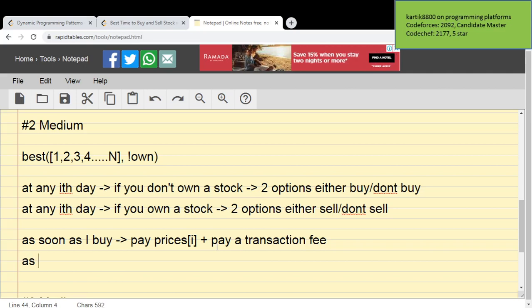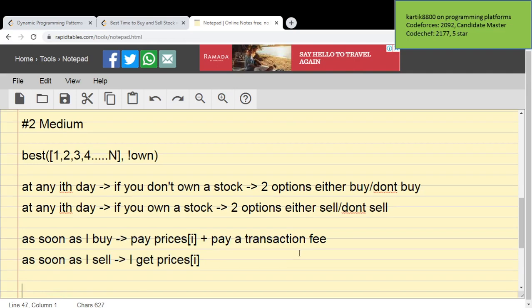And when I sell, only one thing happens. I get, or I'm being paid, prices at I. If I'm selling at prices of I, I get a positive value of selling that stock off.